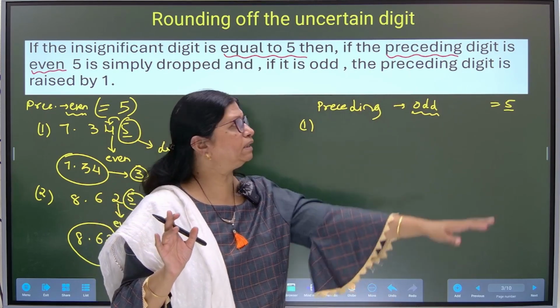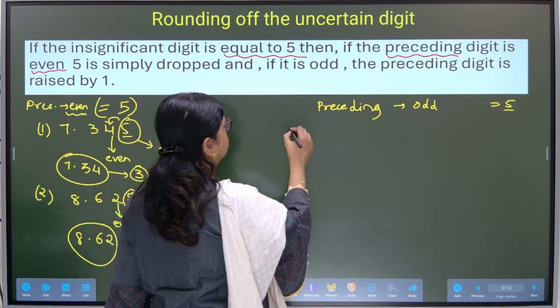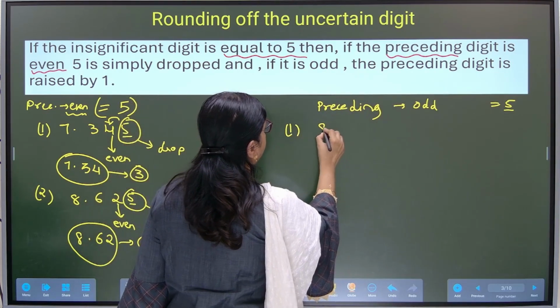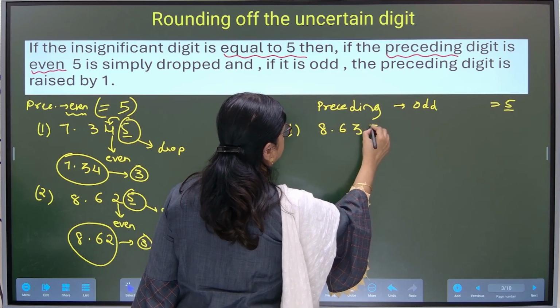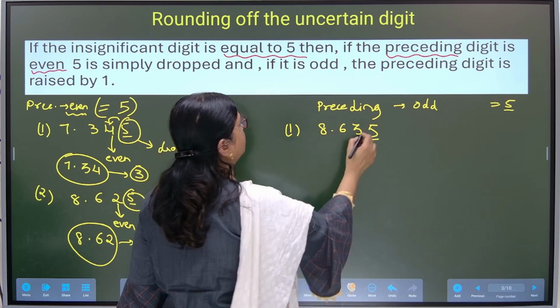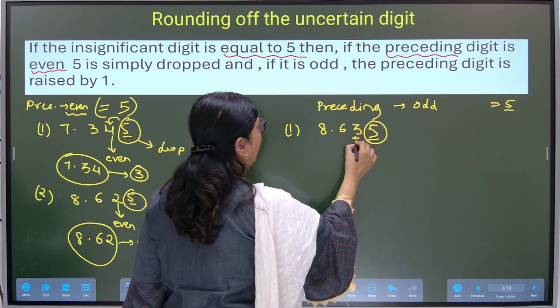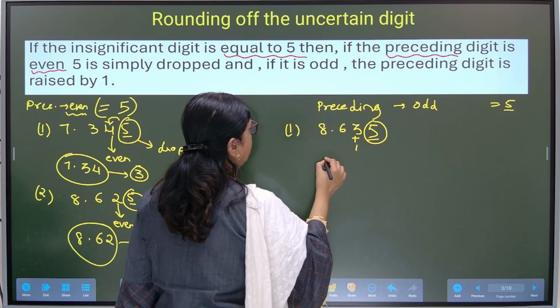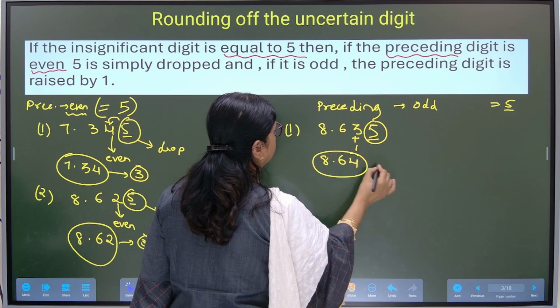The dropping digit is equal to 5, drop 5. Let us do some examples. 8.635. 5 is the underlined digit which is to be dropped. So drop it as it is. What should I do with 3? Add 1. So what is my answer? 8.64. What is its significant figures?